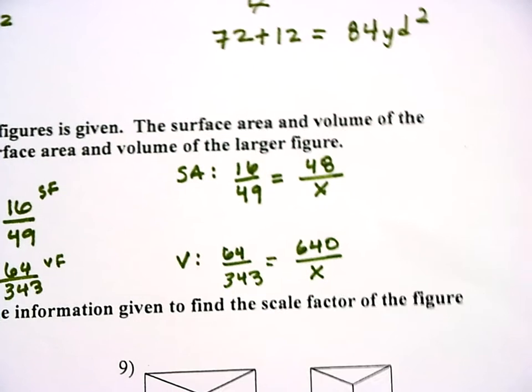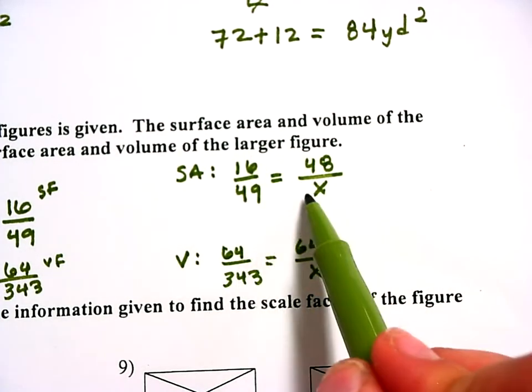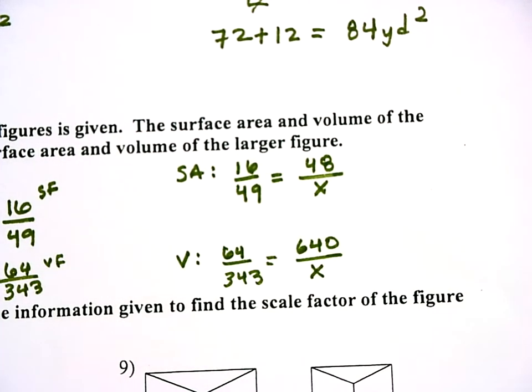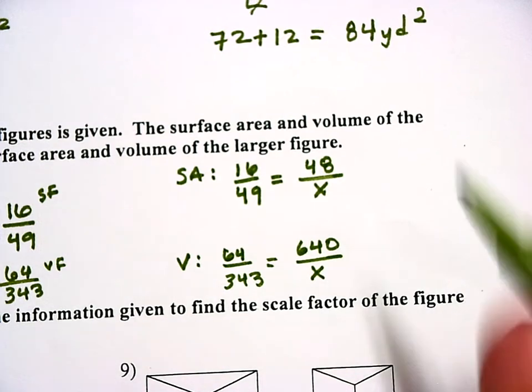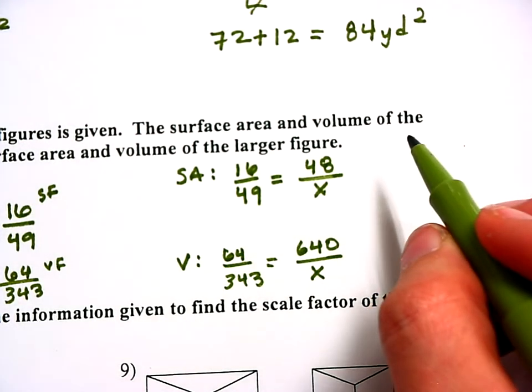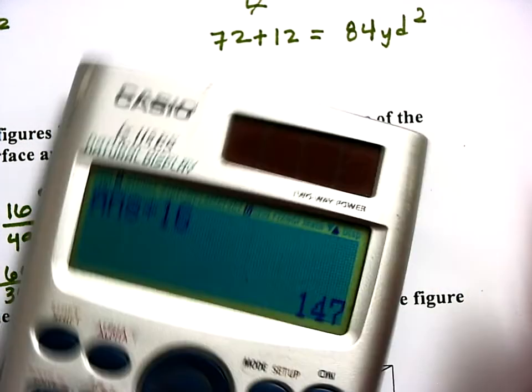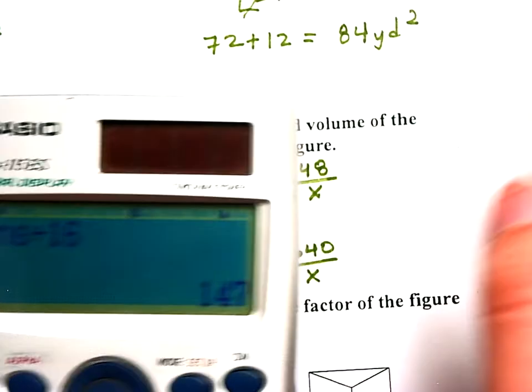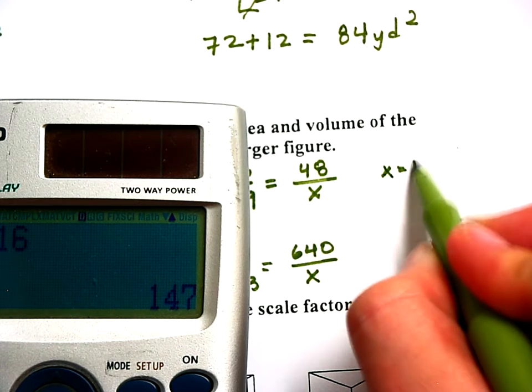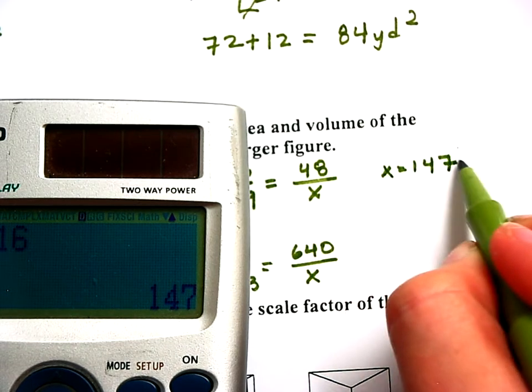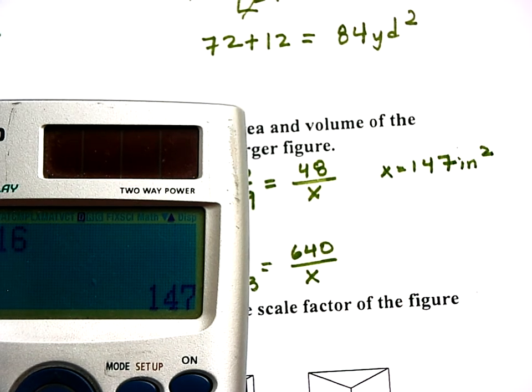Okay, and then we just have to cross multiply and solve for our variable. So for the first one, if we cross multiply, we do 49 times 48, and then we're going to divide by 16. I'm doing this all on my calculator, and you get 147. So x equals 147 inches squared. That's the new surface area.